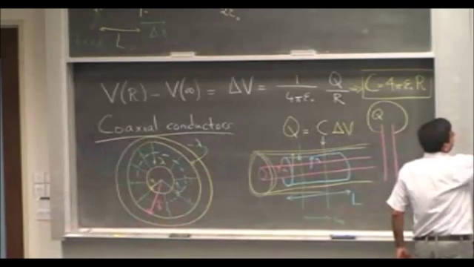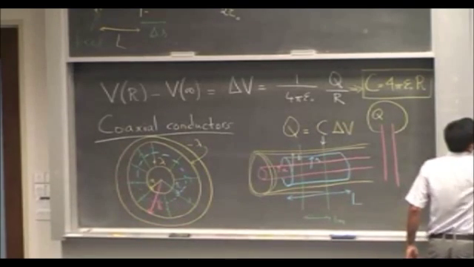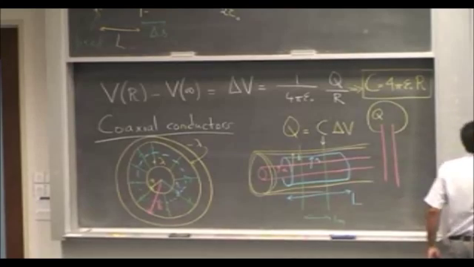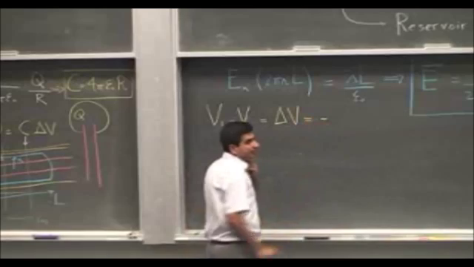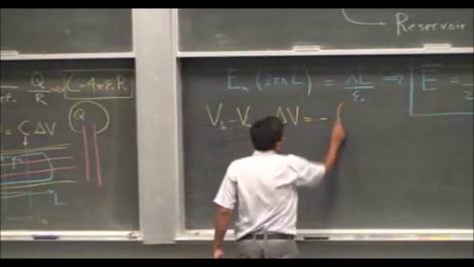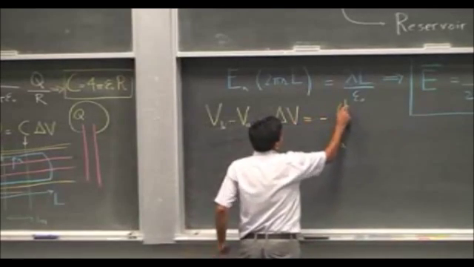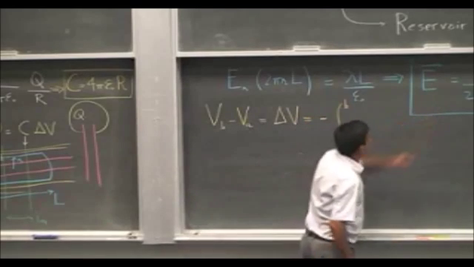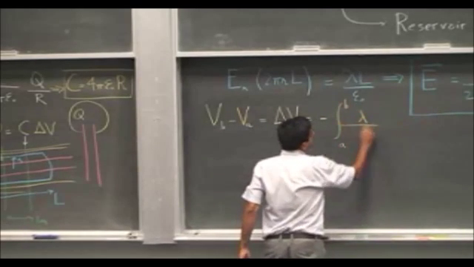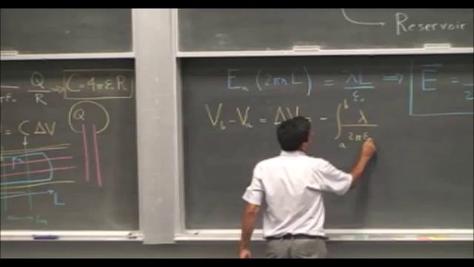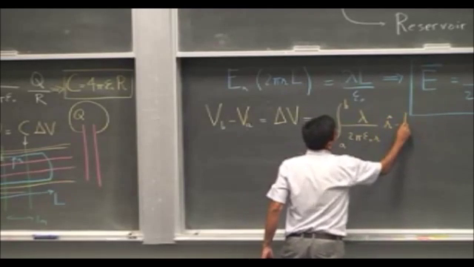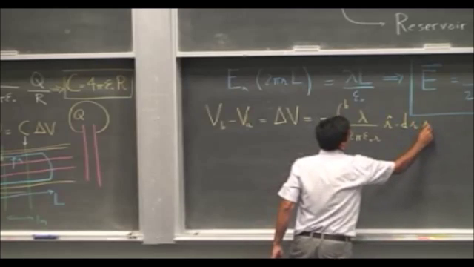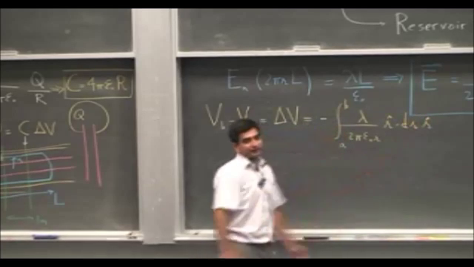So I go from A to B, I put V_B minus V_A, I call it delta V, is negative of the work done by the electric forces. I'm going from A to B. This is my electric field, lambda by 2 pi epsilon naught r r-hat, dot product with dr r-hat, because I'm going radially outwards.